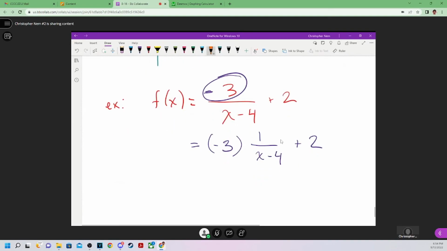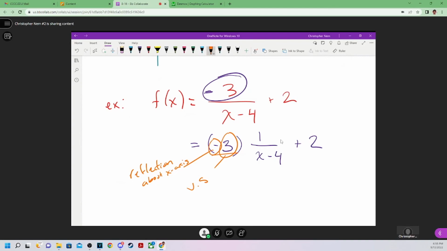So with this in mind, this 3 will represent a, and it's negative, so this is a reflection about the x-axis. This right here is a vertical stretch. It's not a compression. It's a stretch. Even though you had a negative on there, it is still bigger than 1.